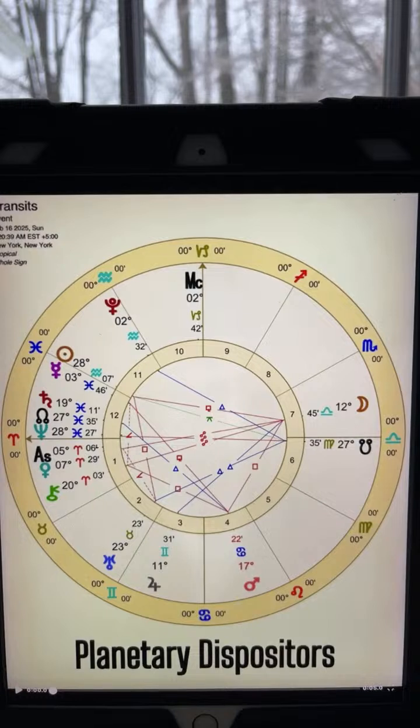The moon is very happy in Taurus. The moon is doing moon things in Taurus. So when it comes to your emotions, when it comes to, well, wait one second.